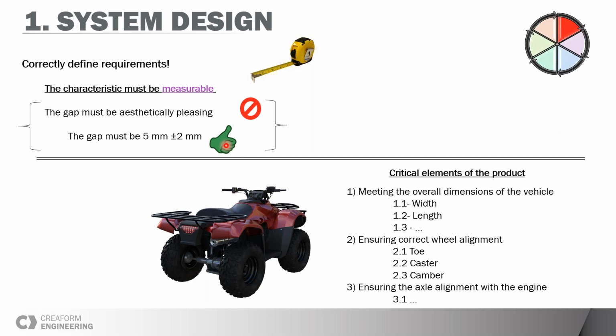Let's say you produce vehicles and you want all of them to have the same gap. You don't want one to look cheaper than the other. So you can develop a company standard that every gap of that type needs to be within that range. It needs trial and error at the beginning, but you will build your expertise and some kind of company standard on that.